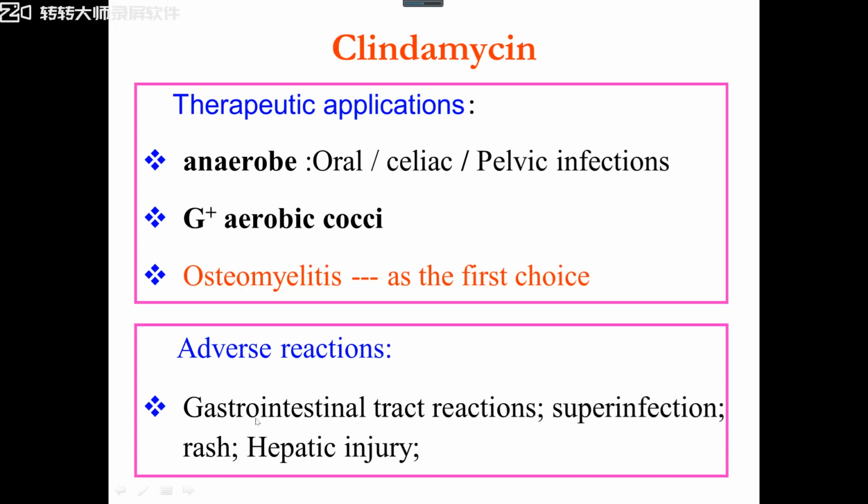Just now I explained that four kinds of drugs have obvious hepatic toxicity. Do you remember the four kinds of drugs? They are erythromycins, tetracyclines, rifampicin, and lincomycin. So they have hepatic toxicity, the same as erythromycins. Okay.